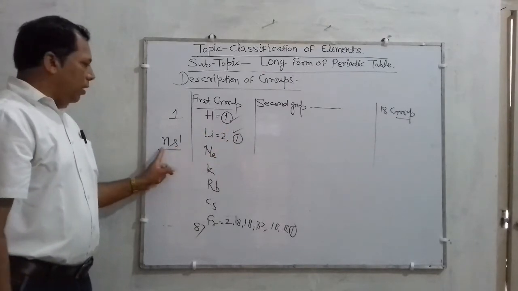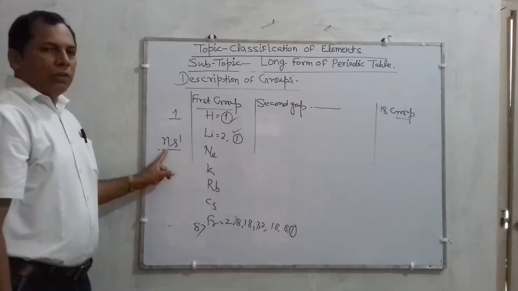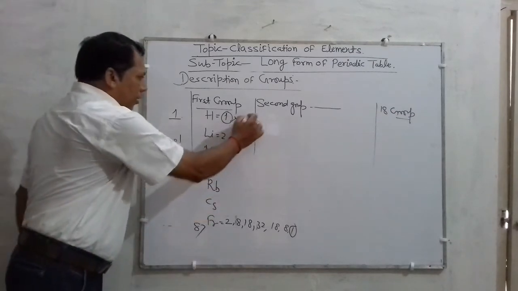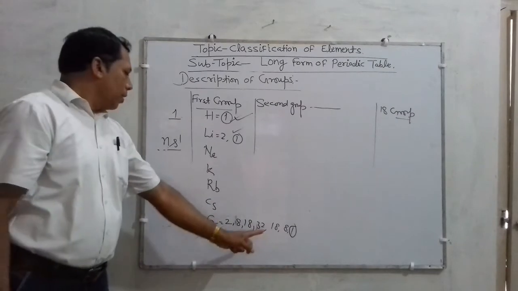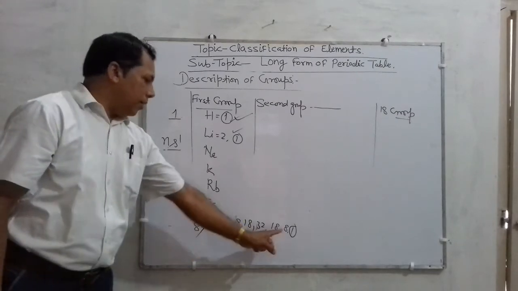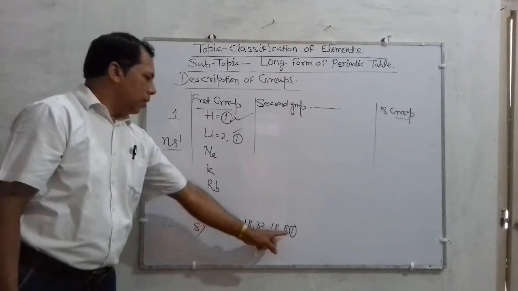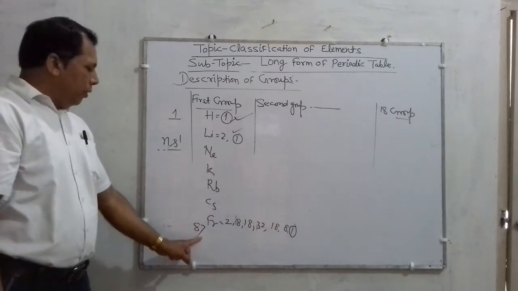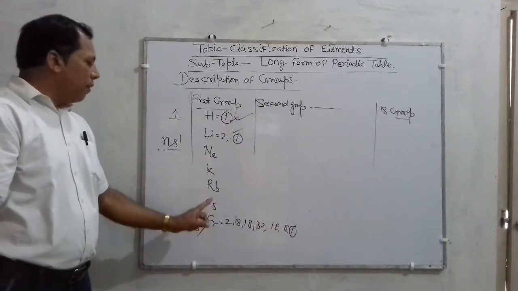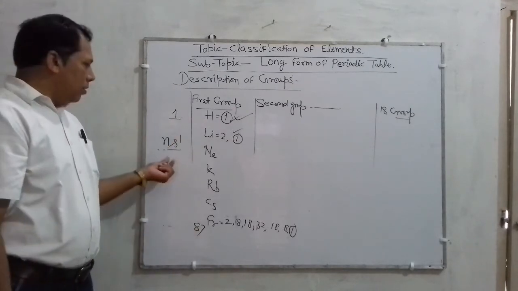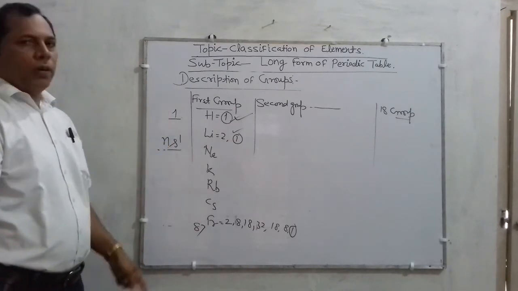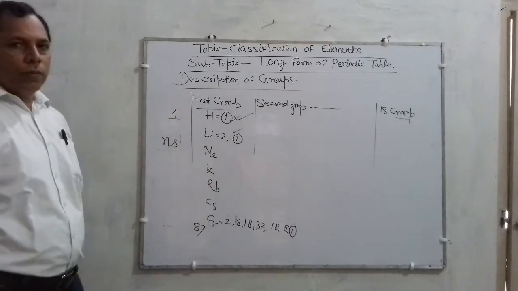If you put n equals 1, you get the electronic configuration of hydrogen. If you put n equals 7, you get the electronic configuration of francium. Understand, children? This is the meaning of the first property of the group.